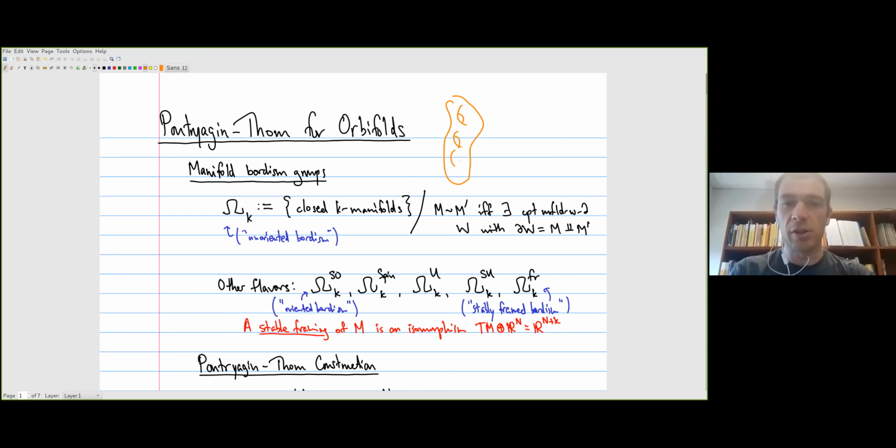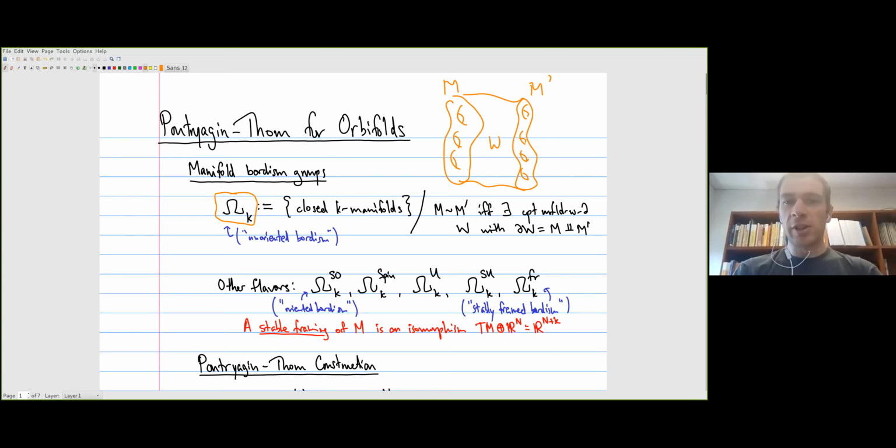An element of this group is a closed k-manifold, but you say two closed k-manifolds are the same element of this group if there's a bordism, that is, some manifold W whose boundary is M disjoint union M prime. If there exists such a bordism, then M and M prime are the same element of the bordism group. So omega k really is manifolds modulo bordism.